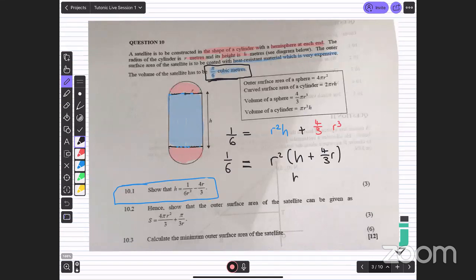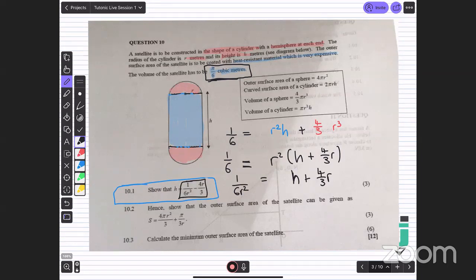So it becomes h plus 4 over 3 r equals 1 over 6 r squared. And then you take over the 4 over 3 r, which gives you this. Yes. Okay, you guys will see that.